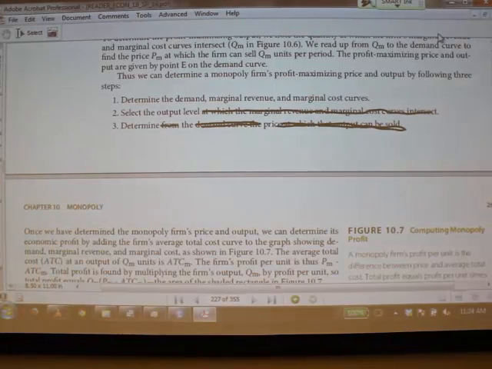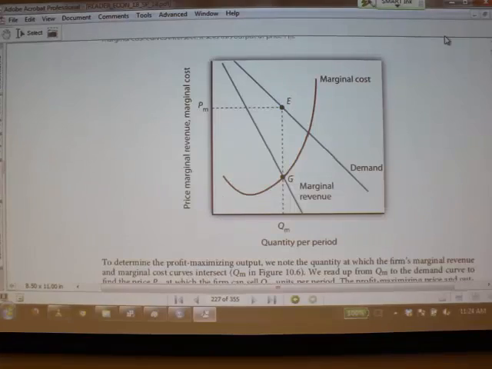So now let's go back to those curves and I'll illustrate this. Okay, so in this figure, all the curves are already given to us. So step 1 is done. But we need to next select quantity. Well, just like a perfectly competitive firm, we select the quantity based on where marginal revenue equals marginal cost, and then go down.